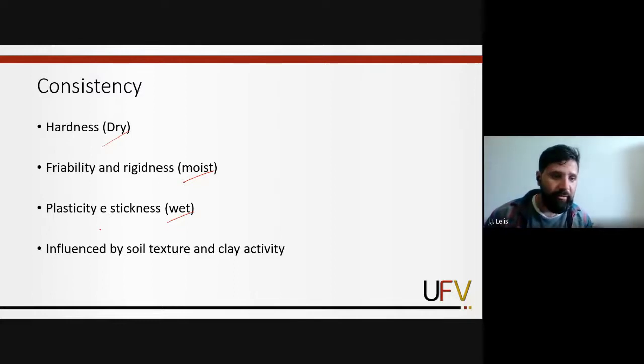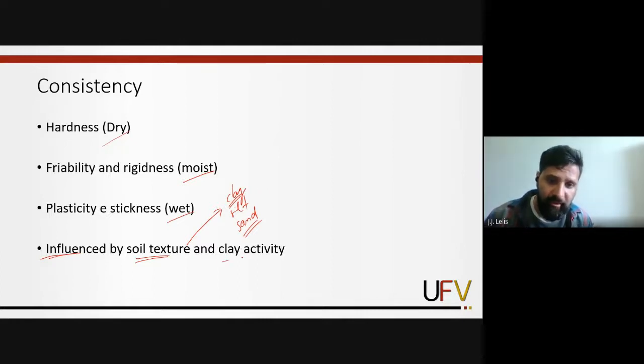And the consistency of the soil is influenced by soil texture, so the content of clay, silt, and sand, especially sand and clay particles. They influence a lot the consistency of the horizon or the layer. They are very different particles, okay?